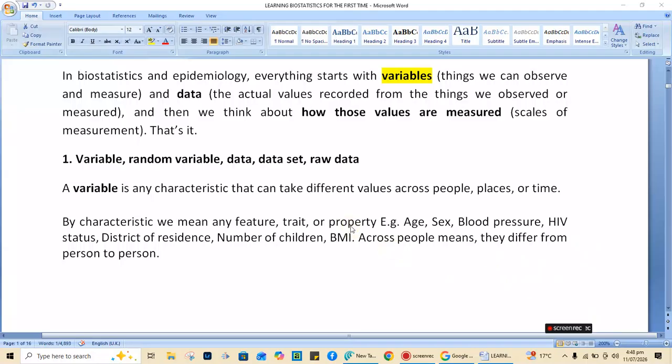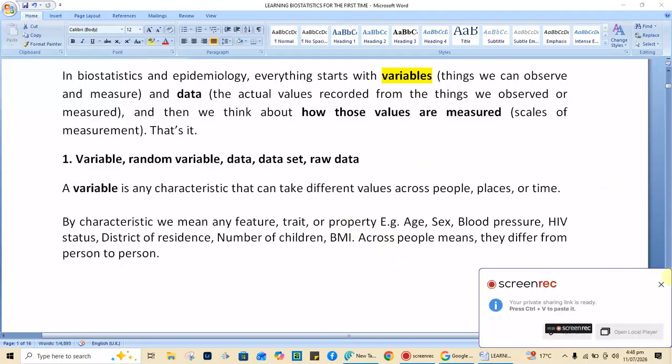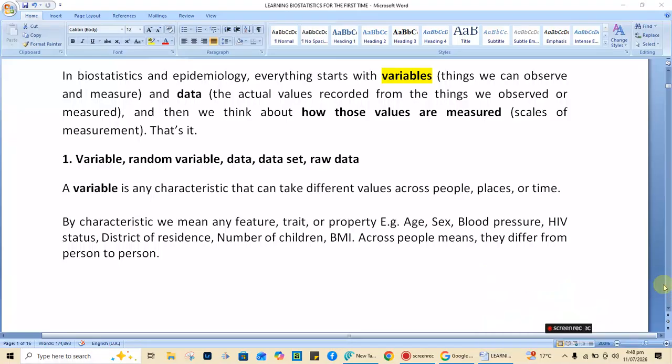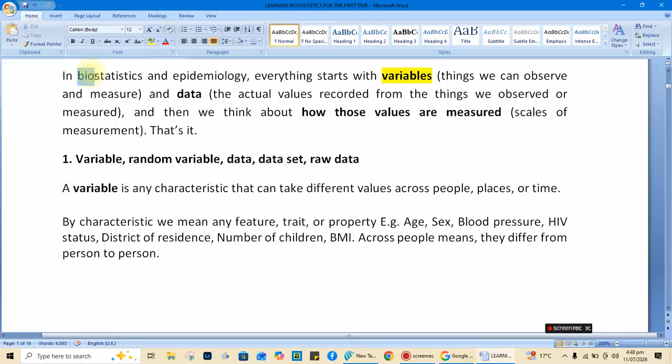Biostatistics, an introductory part to biostatistics. Okay, so we need to understand first what biostatistics is. Biostatistics is split into two: the component of the word bio, and the other component, statistics.